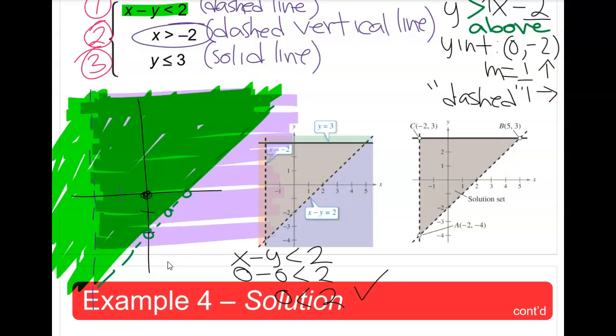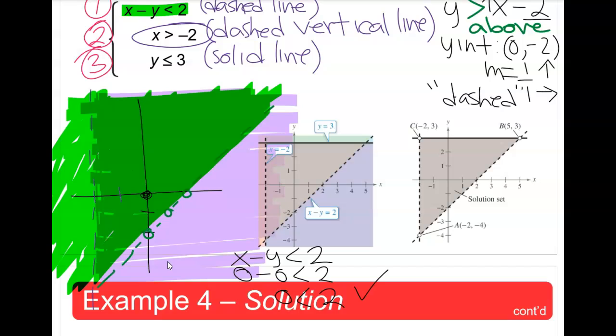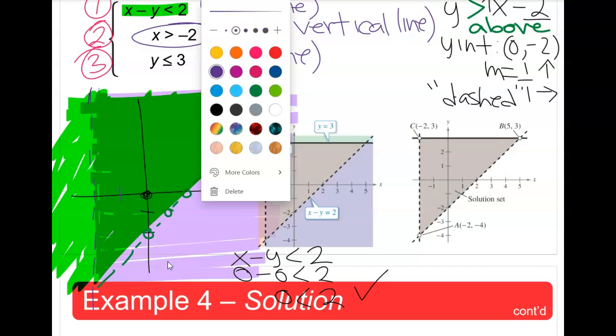And you can see where it's getting like that darker green. That is where the two colors are overlapping. Let me color this better. So right there. Now, do we include that line? No, not at all. In fact, let me make it a little darker.